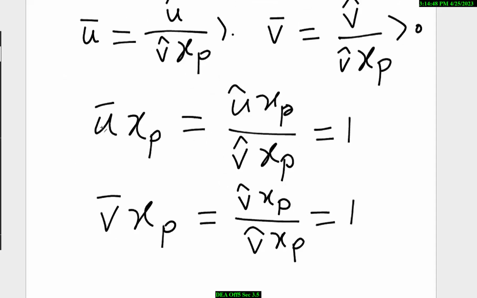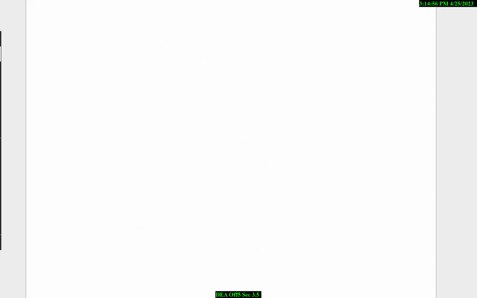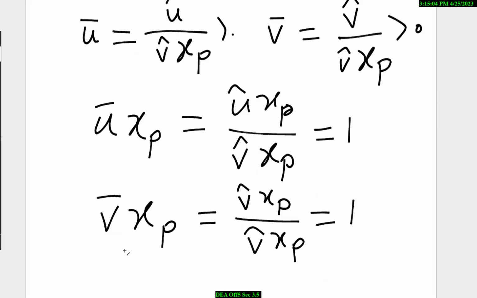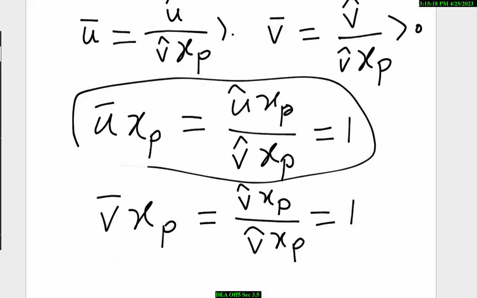If we multiply U bar by X P, we have this, and from this relation, these two values are equal. So this is equal to 1, and similarly we have V bar times Y P is equal to 1. This is the objective function value of the model which evaluates DMU P, and this is one of the constraints.